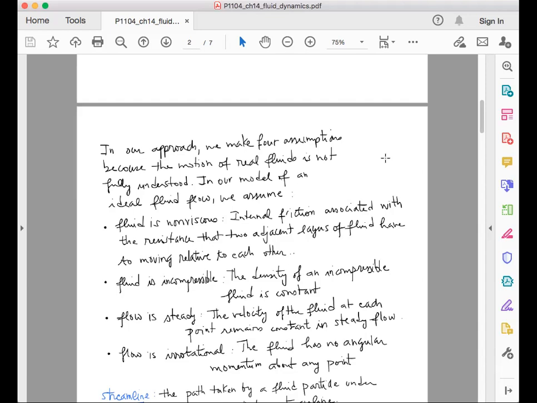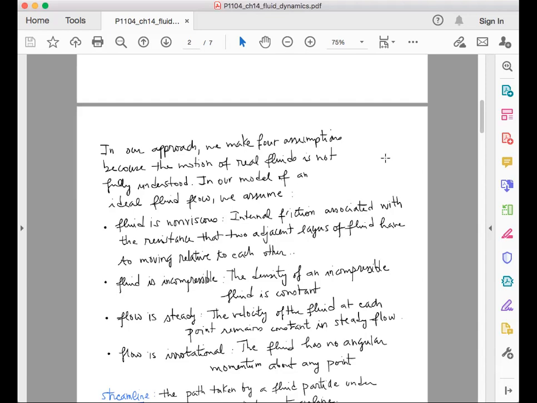The second assumption we're going to make is that the fluid is incompressible. So when we say the fluid is incompressible, we mean by that the density of the fluid is constant. So whenever you take parts or samples of the fluid, you will find everywhere that the density is exactly the same.